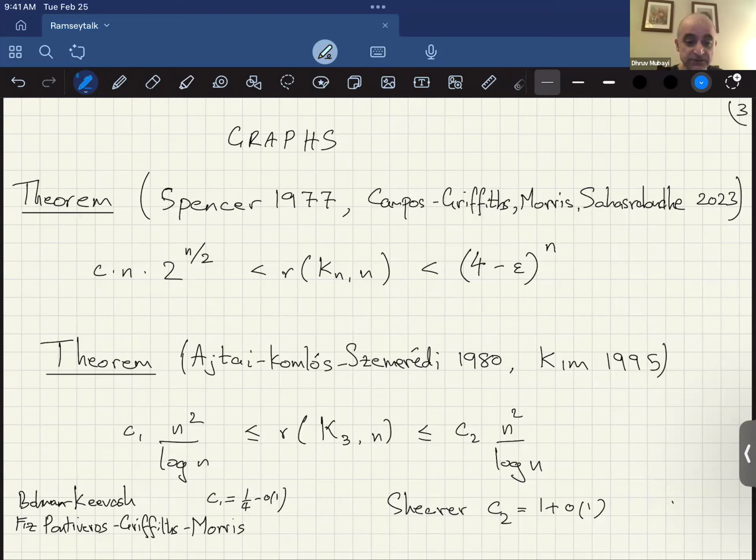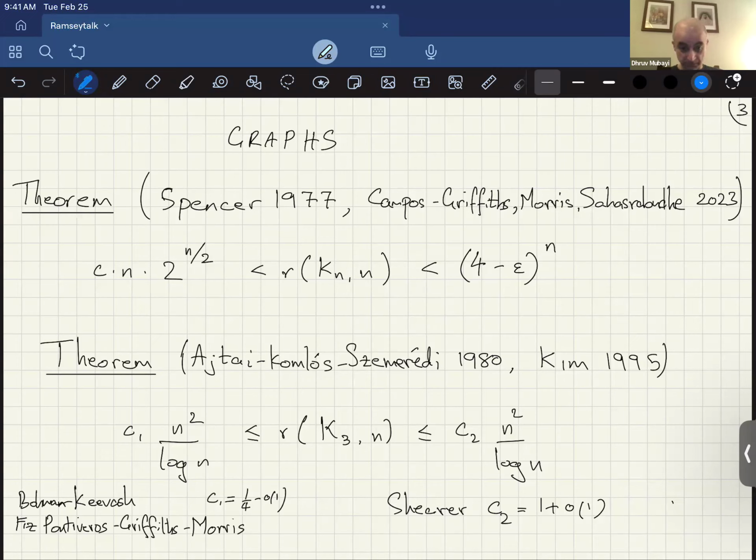There's been intense study to determine what these constants are in front of the n squared over log n, and I've indicated the state of the art. Shearer proved in the 80s that the upper bound is (1 plus little o(1)) times n squared over log n. Then there were two papers, both very long, 100-page papers, showing a lower bound of about 1/4.